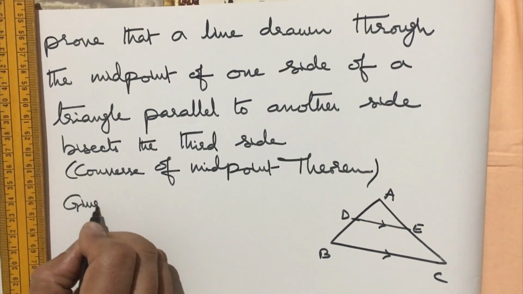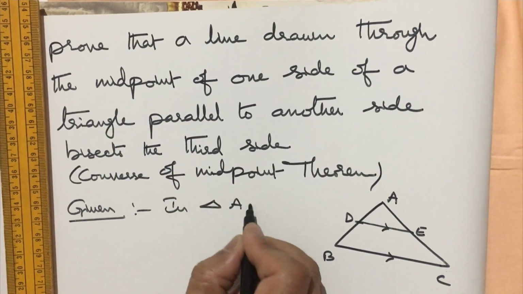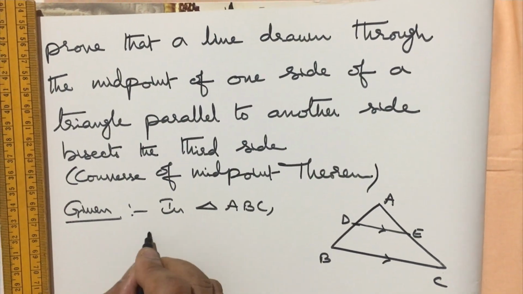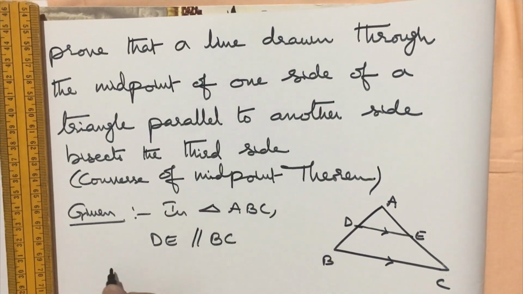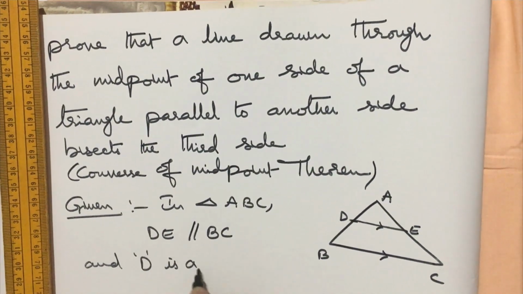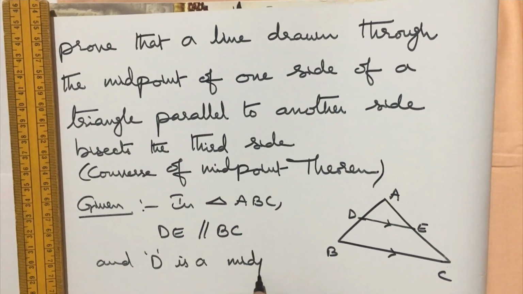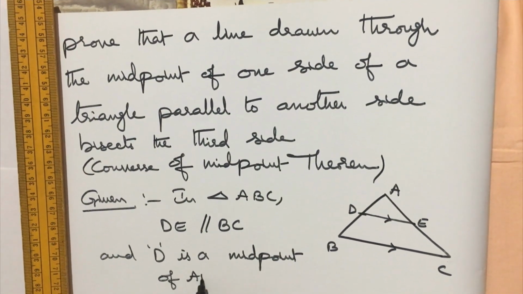Given, in triangle ABC, DE is parallel to BC and D is a midpoint of AB.